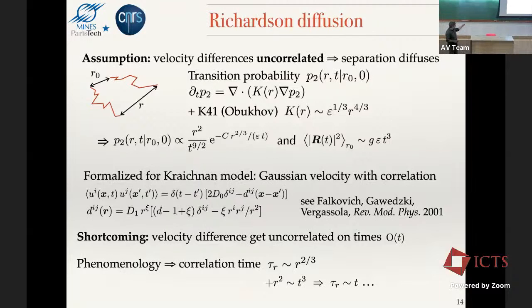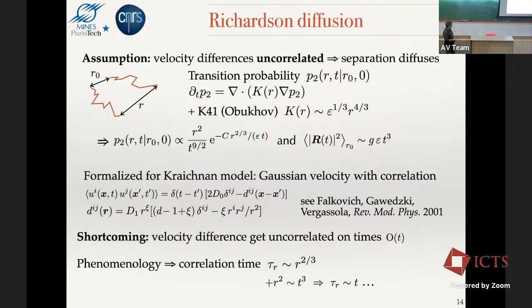So Richardson, it was in 1926. The first person who said the velocity is like R to the 1/3 was Kolmogorov in 1941. So almost 20 years later, 15 years later. Obukhov was the person who made the link between the two, in 1941. Which means that now you can say, thanks to Obukhov, that you have to write it this way.